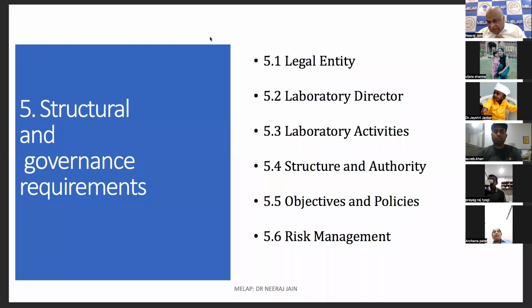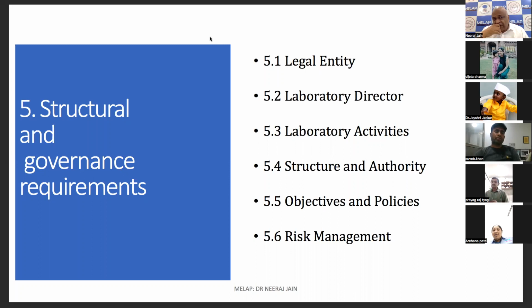5.5, objectives and policies. This was a requirement of the previous standard also. You have to define quality objectives. You have to define quality indicators. These are mentioned again in clause 8. These objectives and policies are in clause 8.2.1 and quality indicators under clause 8.8.